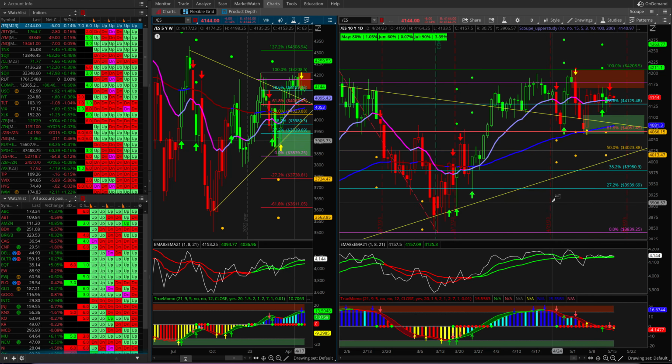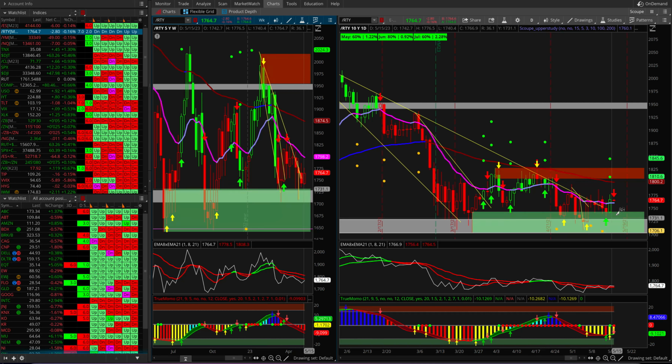Okay, so that's the S&P 500, and it has gone sideways, and now we're still red. We're green here, and we've got a bullish condition as far as momentum potential down for the TrueMomo indicator. So it's just sideways, and it's continuing to be sideways till we break out of this zone, is the way I see it.